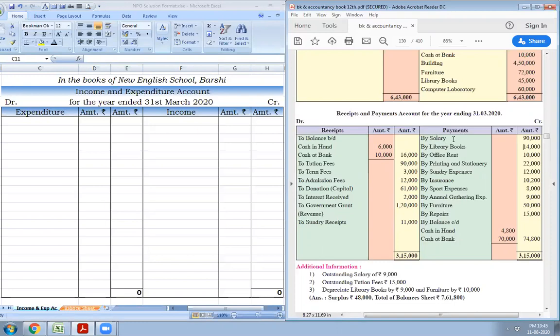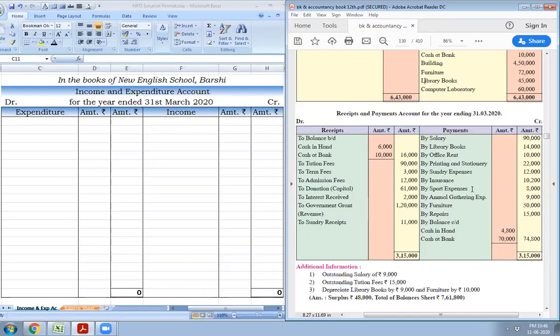Now the payment side. Salary, payment side, expenditure. Library books, purchase of asset, so it will go to the balance sheet asset side. We will add it to the existing library books and put one tick to library books. Office rent, expenditure. Printing and stationery, expenditure. Sundry expenses, expenditure. Insurance, expenditure.